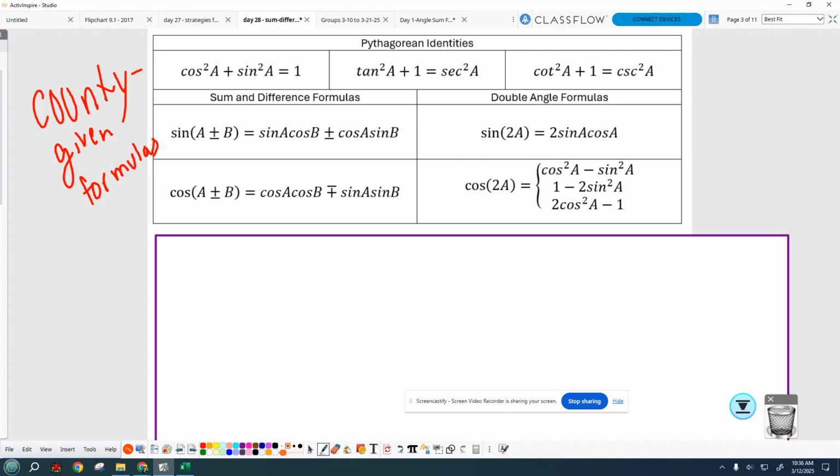So the county's going to give you this big old mess. Okay? And I just want to show you one of them.